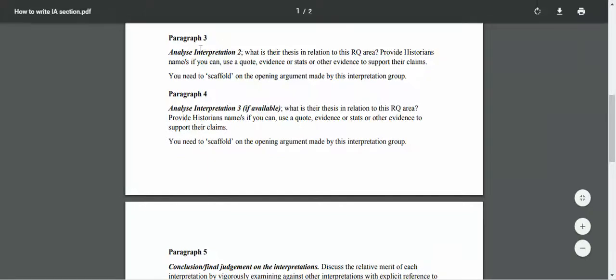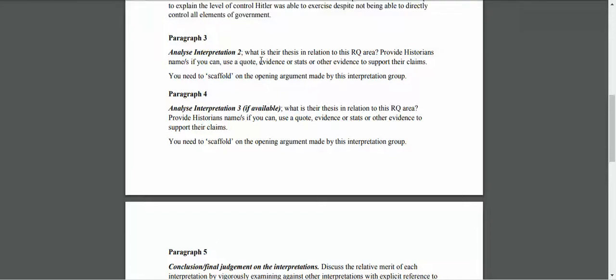As we've said above, therefore, make sure that the historian's name is included, that you get to a point of specific counter-argument or piggybacking where you're actually naming the historian that is supporting or disagreeing with the previous point. If you've got evidence and statistics, that's obviously fantastic.